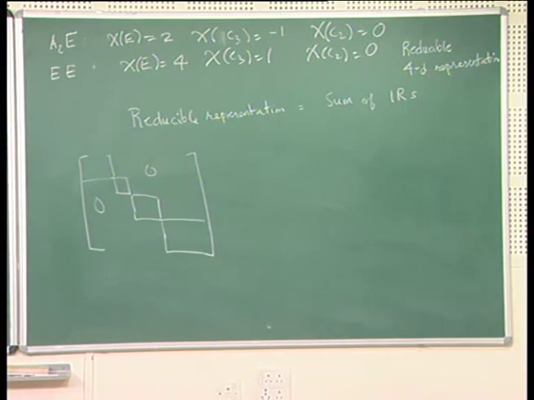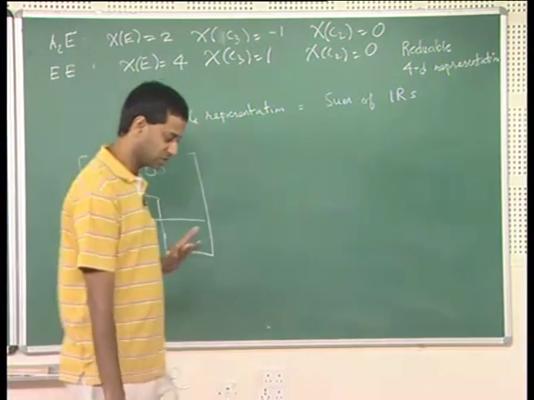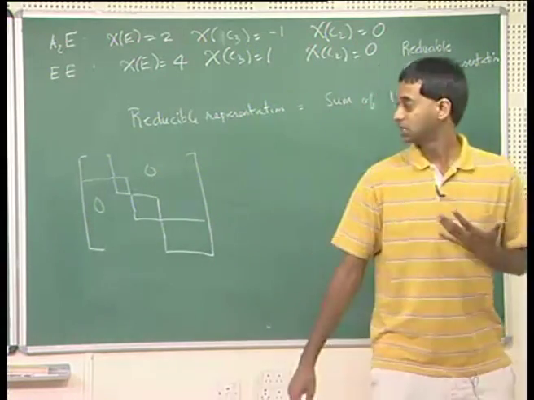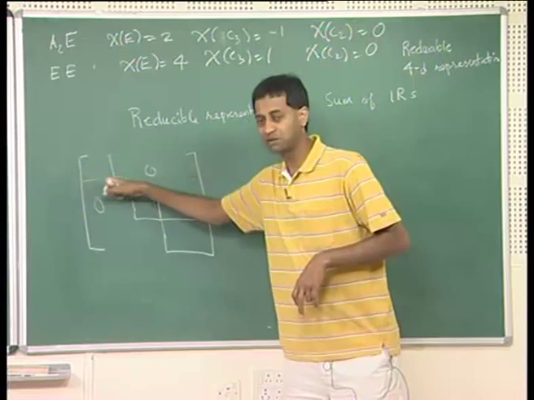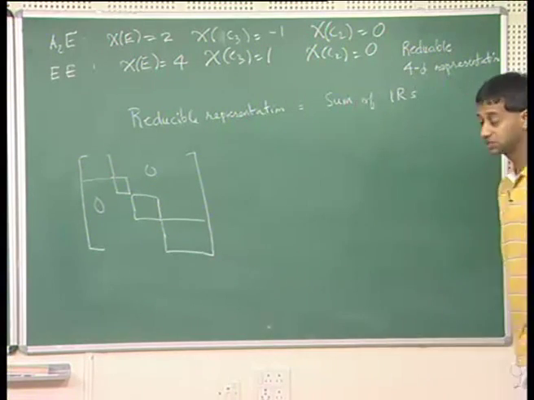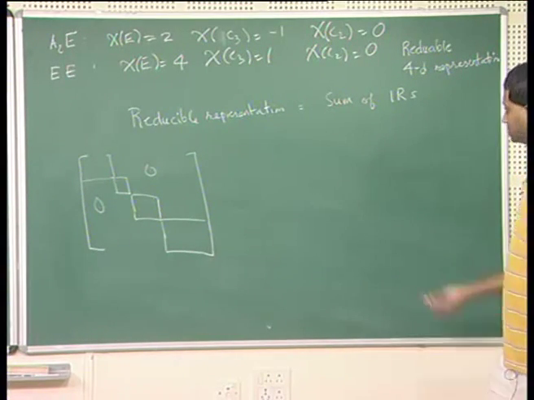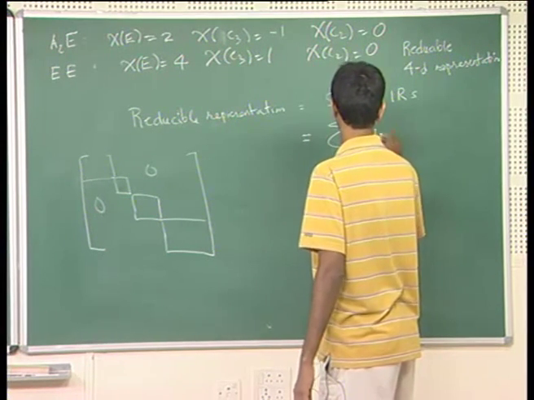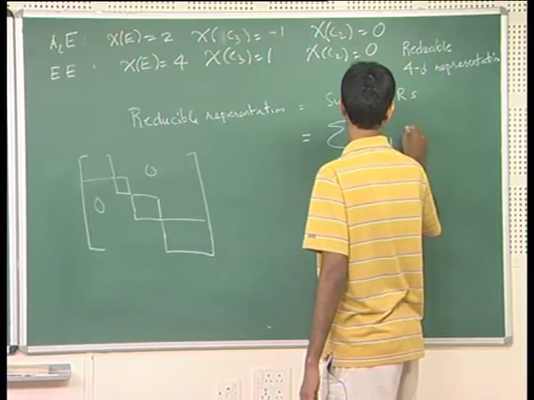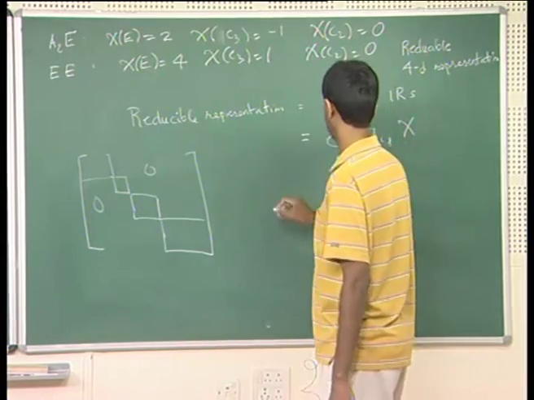So now this leads us to something interesting, because you have these reducible representations. On the one hand, they are written as sums of irreducible representations, so this looks like your sum over j of a_j chi_j.